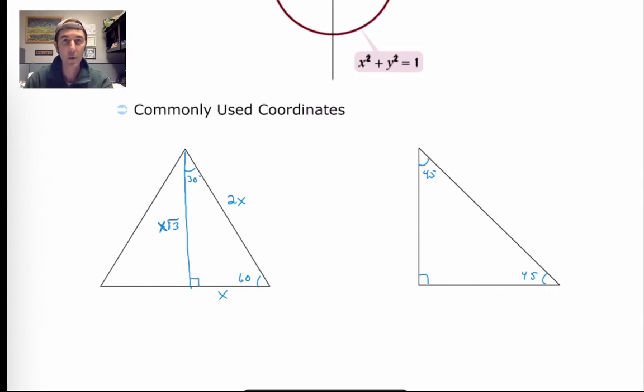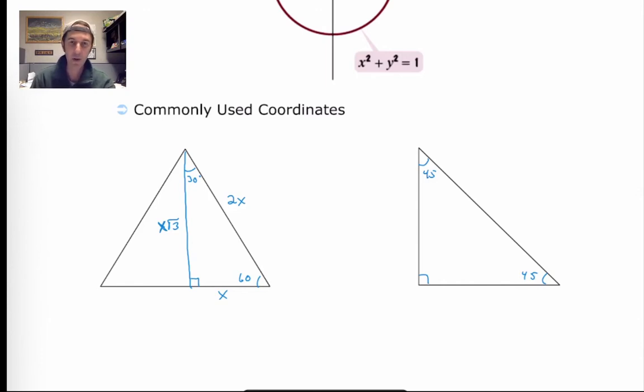Most of you watching this video have heard those measures before, in a geometry class maybe. We are going to be taking these angle measures and converting them over to radians. So 30 degrees is going to be pi over 6, 60 degrees is pi over 3, 45 degrees is pi over 4, and you will come to know those relationships very well, especially if you're one of my students.